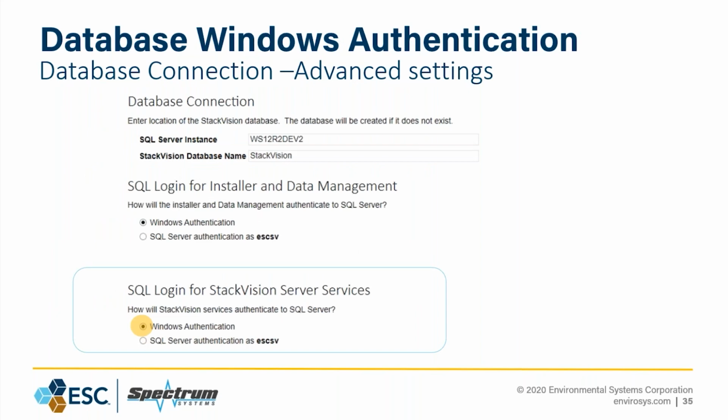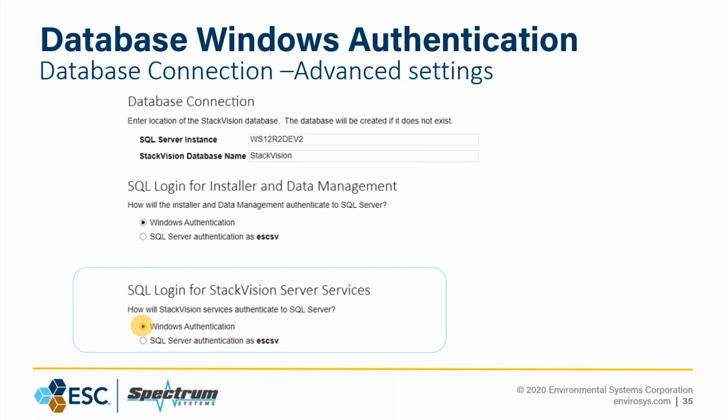As also mentioned, database connection does have advanced settings as well. So in this one, your SQL login for StackVision server services, you can use either the Windows authentication, or you can select the SQL Server authentication as the default.